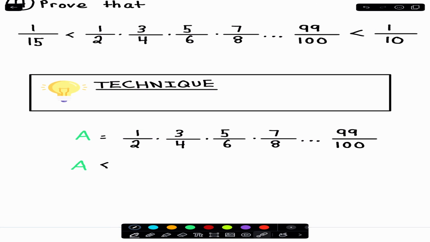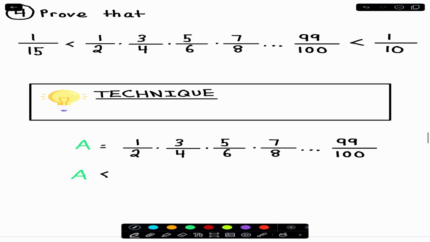We want to show that A, so this thing, is less than something.